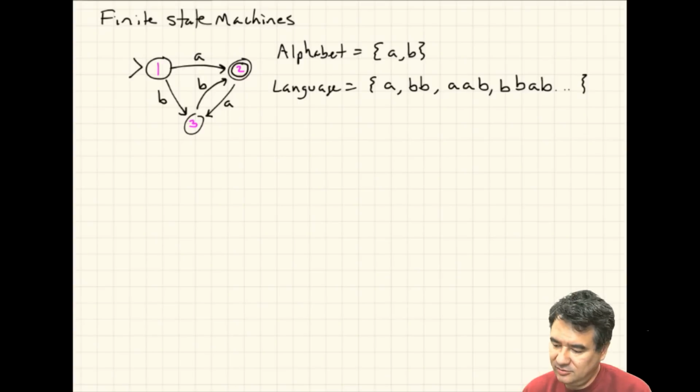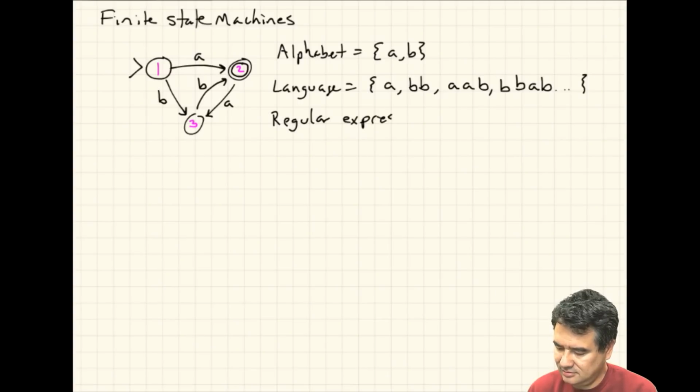And one thing we might want to know is, what is the regular expression that represents this finite state machine? So let's see if we can figure it out. What we do is we look at our language and we see if there's any patterns in there.